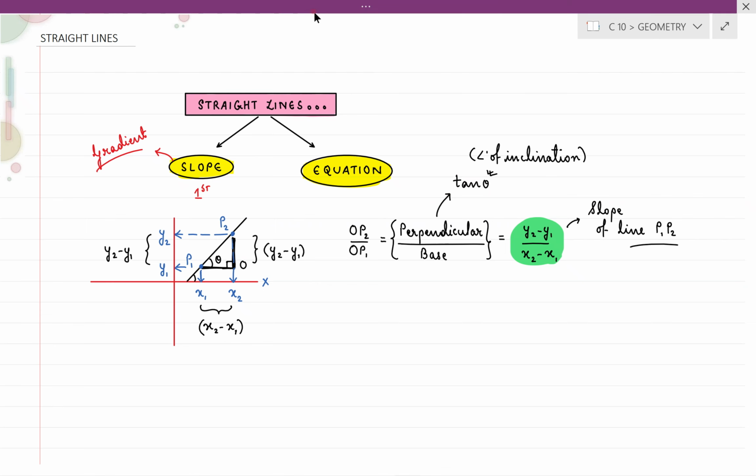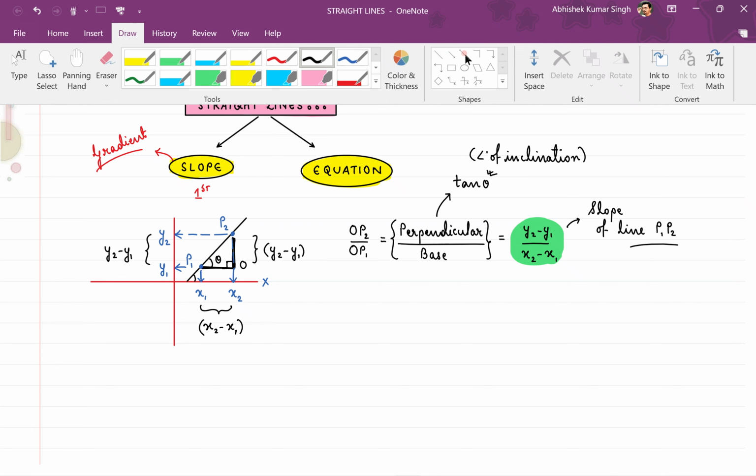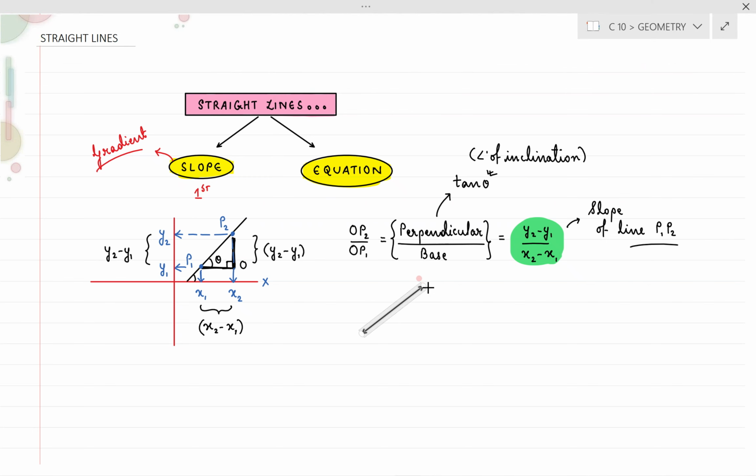For example, if a line is forming an angle of 30 degree, suppose the line AB is forming an angle 30 degree on x-axis. So now you can directly say that slope of line AB is equal to tan 30 degree.